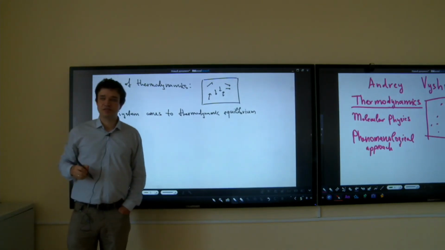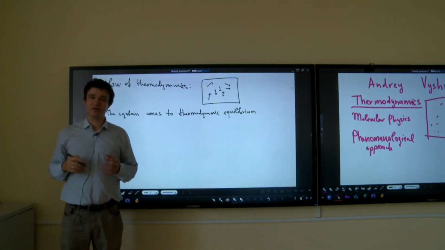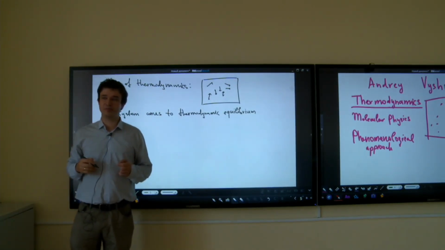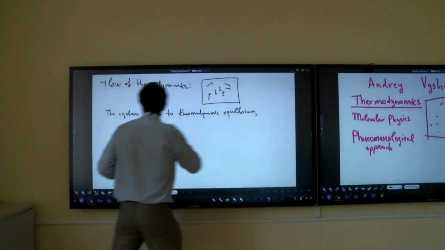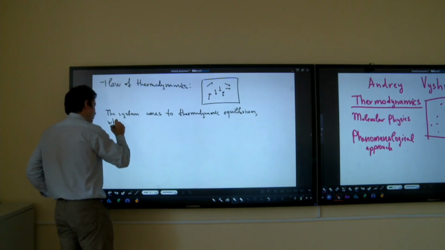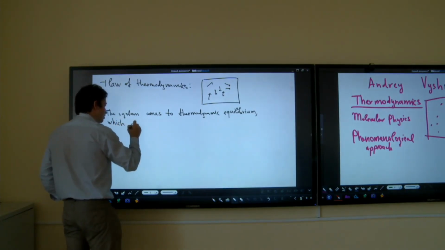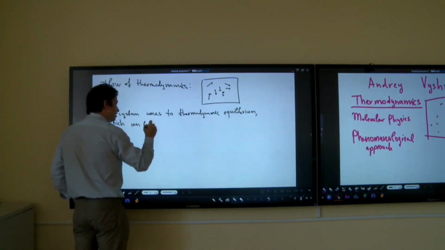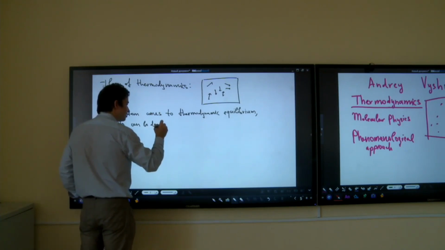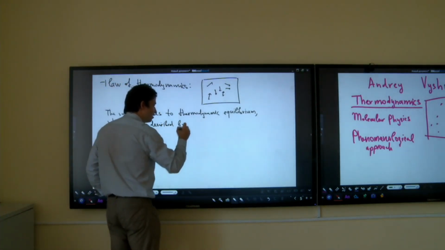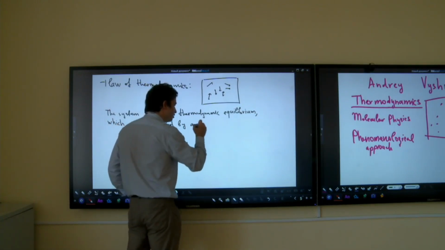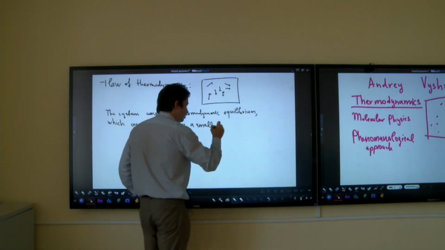And this equilibrium has a very peculiar property, that the state can be described by a small number of variables.